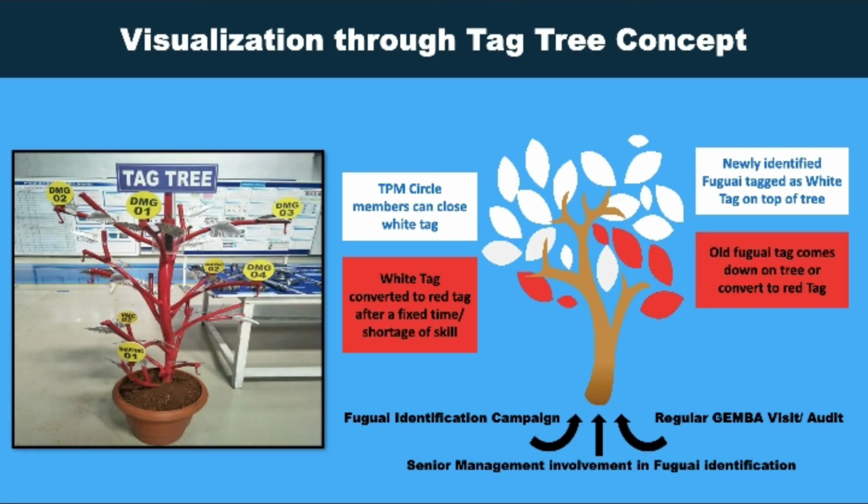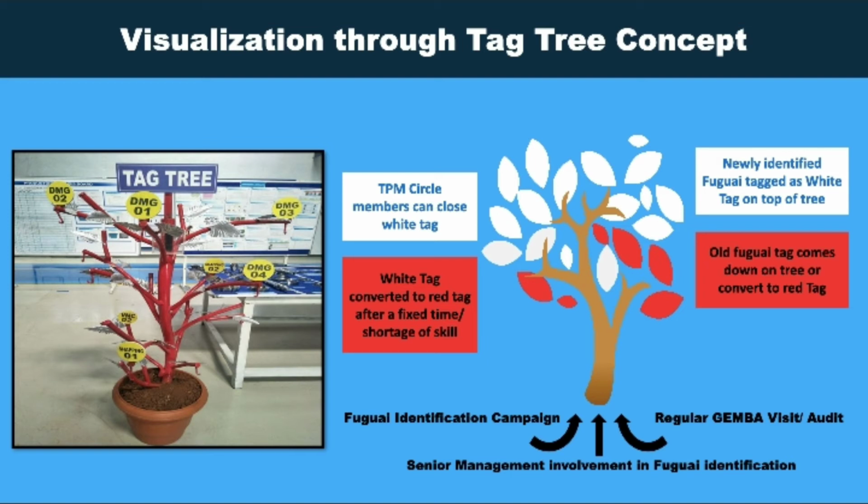Now, what is a tag tree and how does it help? As you can see, a tree type structure helps to visualize equipment abnormality identification and its closure status by tagging of white or red tags. We should keep in mind that the number of Fuguais on the Fuguai tree depends on its identification. The tags are like leaves of a tree.